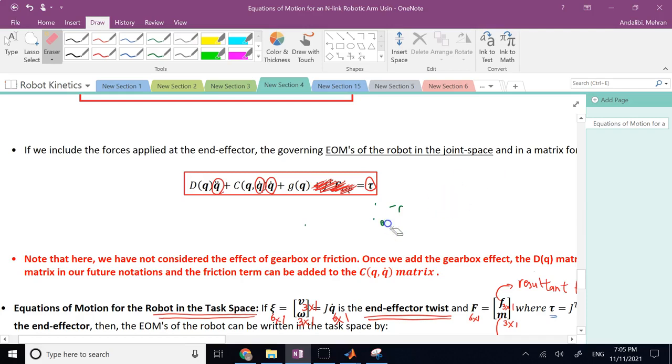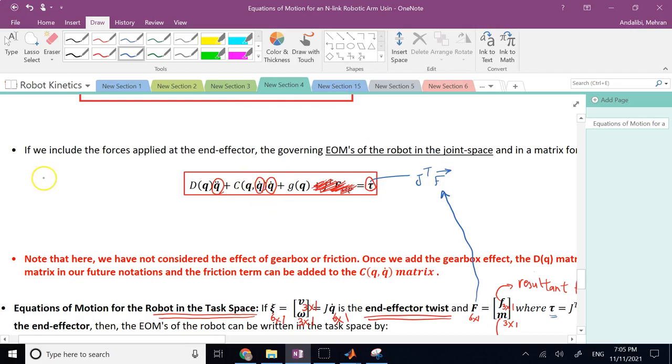Okay, so what do we do? First, substituting tau is not a big deal. As you just saw, this tau here is going to be J transpose times that capital F. So clearly replacing tau is not a big deal. What about q dot and q double dot?